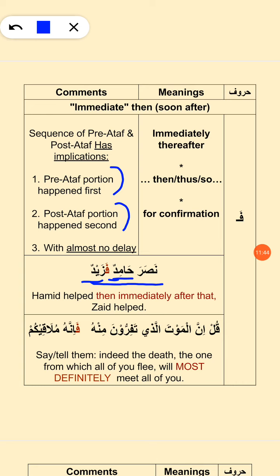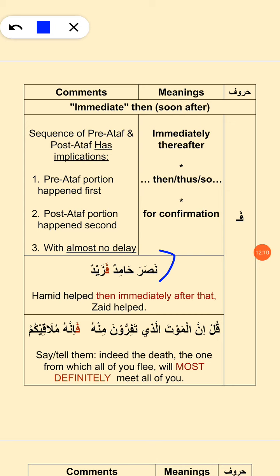However, there's a very tiny difference between fa and summa: if you're using fa, then the action that took place in the post-ataf portion happened with almost no delay. A very shallow translation would be that Hamid helped, then Zaid helped.